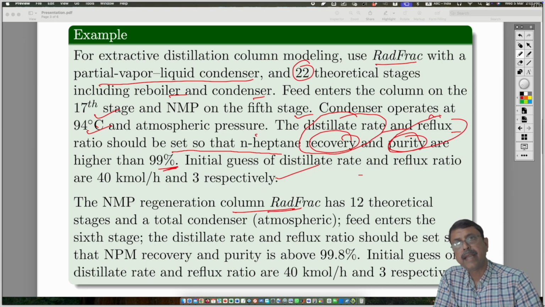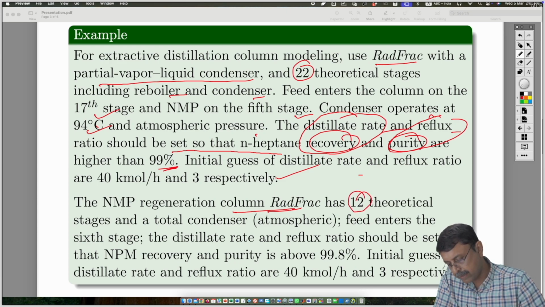Now we come to the next column, because we are using NMP, so NMP has to be regenerated. The NMP regeneration column has 12 theoretical stages and a total condenser which works at atmospheric pressure. Feed enters the 6th stage. The distillate rate and reflux ratio should be set so that NMP recovery and purity are above 99.8%.